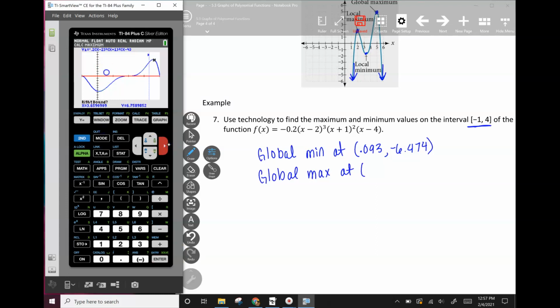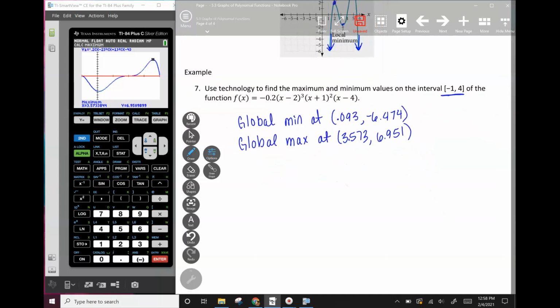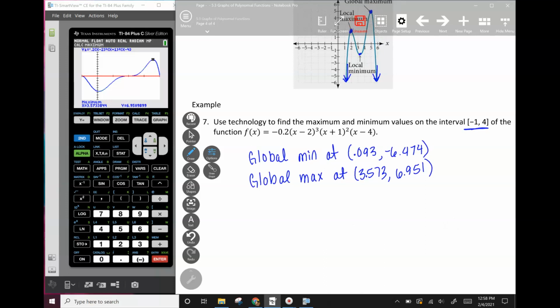Move to the right of the maximum, hit enter one more time. Enter a third time, so it says maximum is at 3.573 approximately, and the y value is 6.951. All right, so that's how you can get those maximums and minimums using your calculator.